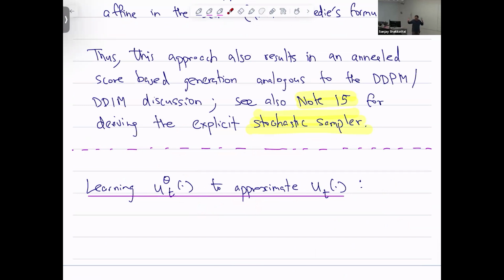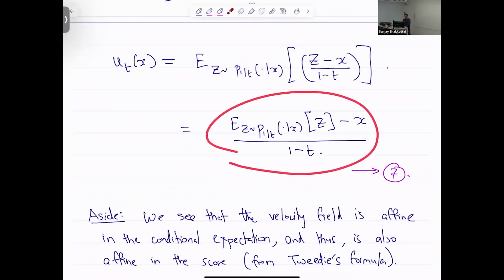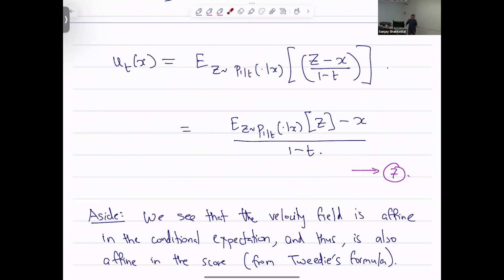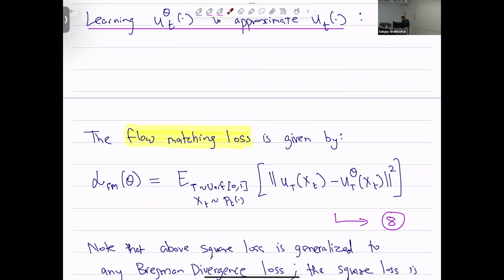Right now, I'm just talking about a loss function. Given this u_t, there is an associated density p_t, which is given by the continuity equation: the derivative of p_t is minus the divergence of p_t u_t, the probability flux. Okay, so pick an x_t, pick a time, and just minimize the squared loss between these two. Okay, there is the flow matching loss.